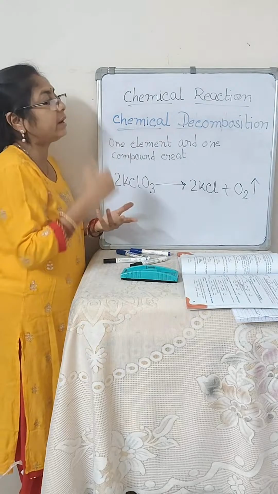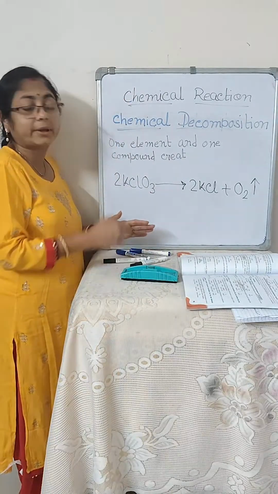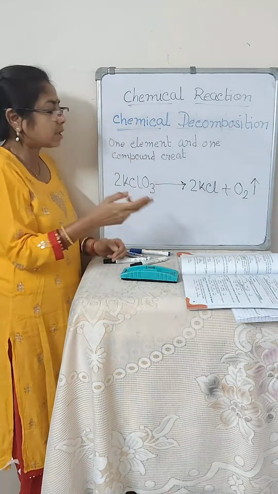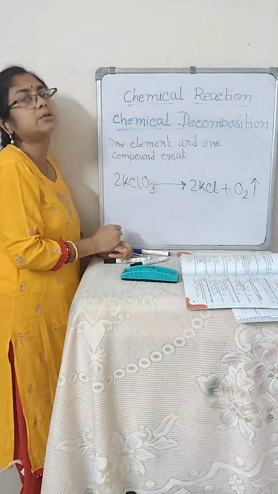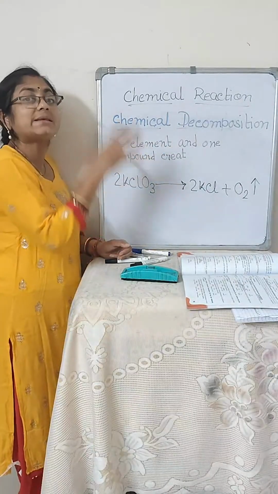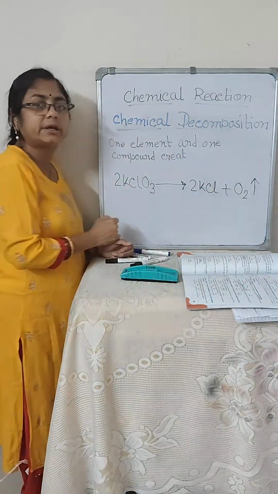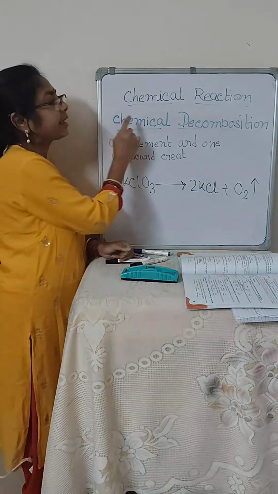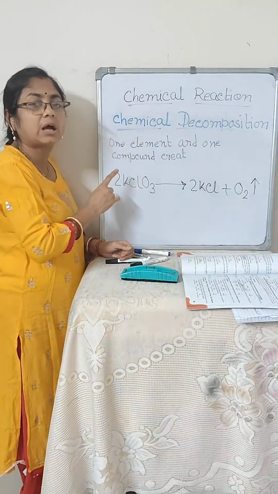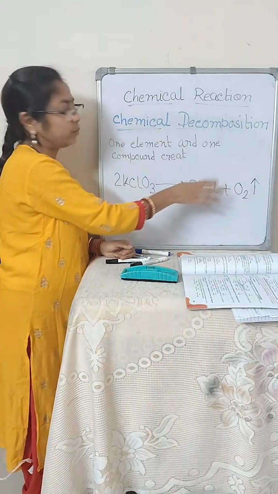Potassium chlorate decomposes, meaning it breaks down. After the chemical reaction, two items are produced: one is 2KCl, potassium chloride, which is a compound, and the other is oxygen. One compound and one oxygen are created. This is chemical decomposition where one compound breaks down and one element and one compound are prepared.